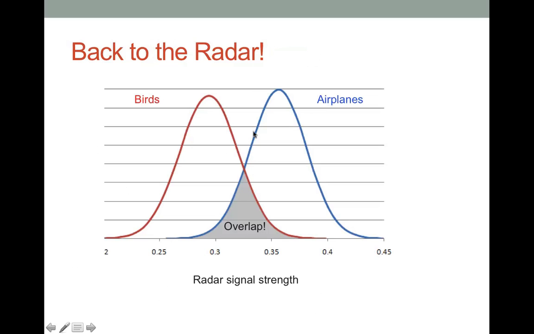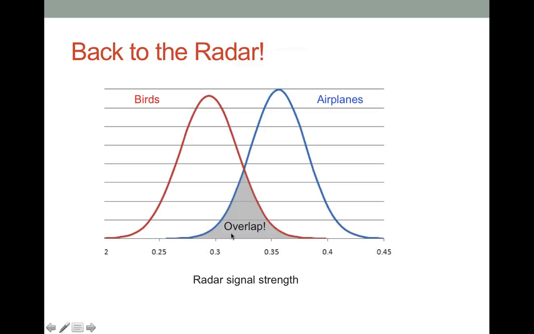If we just look at the airplane distribution, we can see that in general, they're a little over 0.35, but sometimes the signal from the airplane is closer to 0.45, sometimes it's as low as 0.3. There's that distribution there. And similarly for birds. Sometimes it looks more like an airplane, sometimes it looks less like an airplane. So the problem is there is going to be overlap between these two distributions.